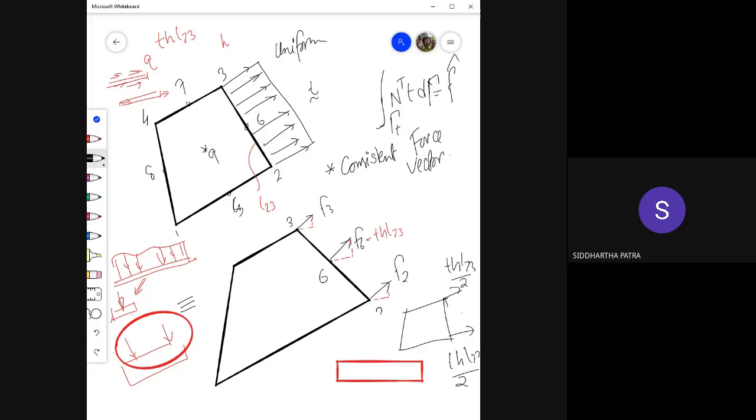You see, even if I get different forces at f2, f3 and f6, the resultant of these three forces can still pass through node 6. Obviously the resultant will have the same direction, and the resultant of these forces, f2 plus f6 plus f3, has to be equal to this quantity. Okay, but the resultant may still pass through f6.